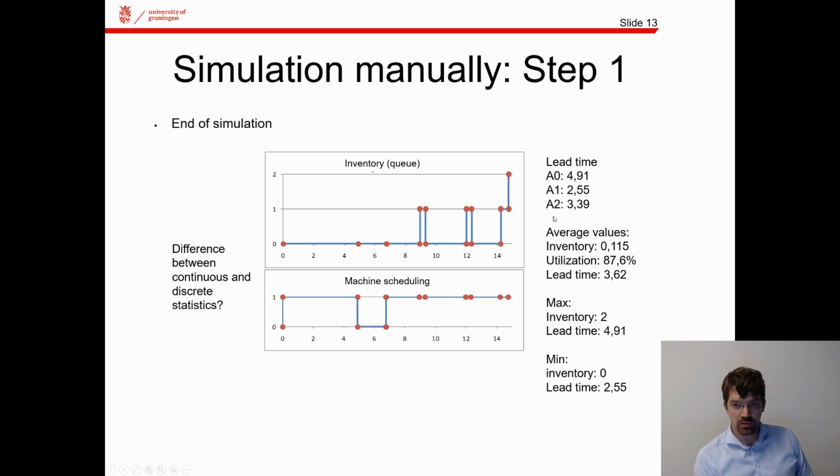And then we are able to calculate the integral of this curve. The same goes for the utilization for the machine scheduling chart. So we need to know when the utilization changes, and we need to know from which value to which value the utilization changes. So we have two different types: continuous elements and discrete elements.